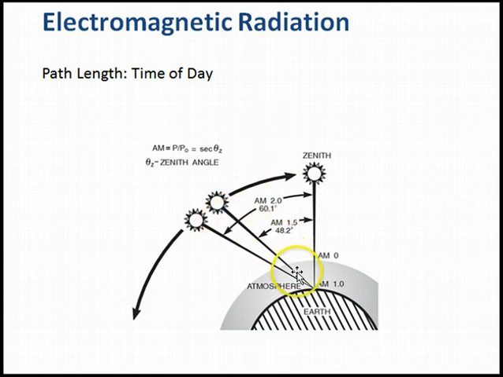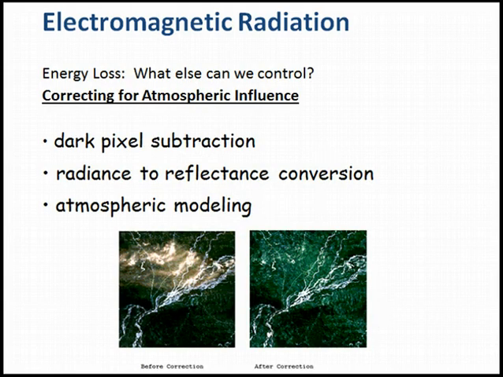And so we'll often put a data acquisition window around the solar noon, usually plus or minus 2 hours of solar noon, so they have no more than 4 hours on a given day that they can collect imagery for us.